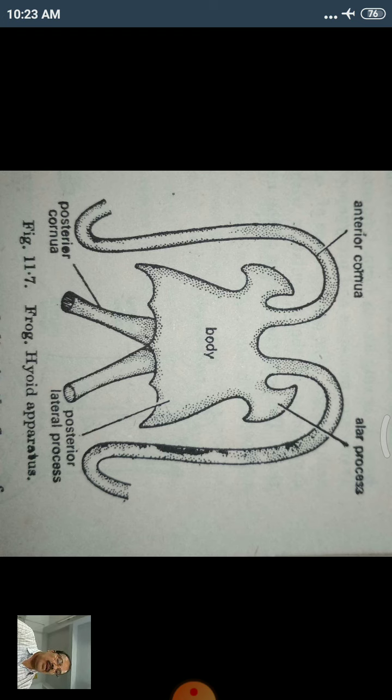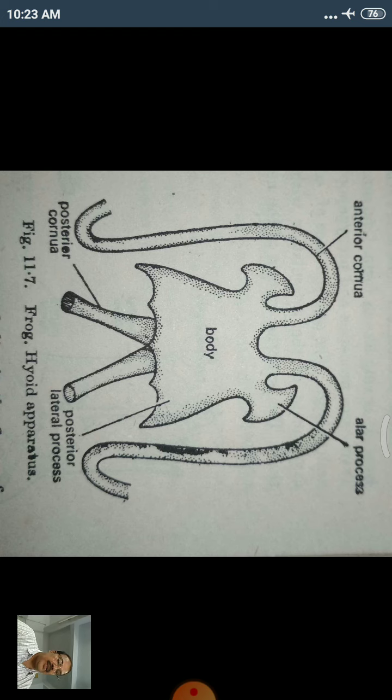So the hyoid apparatus has a thin body made up of cartilage. It is produced in front into two alar processes and behind into two posterior processes. In front are two long anterior cornua of cartilage.